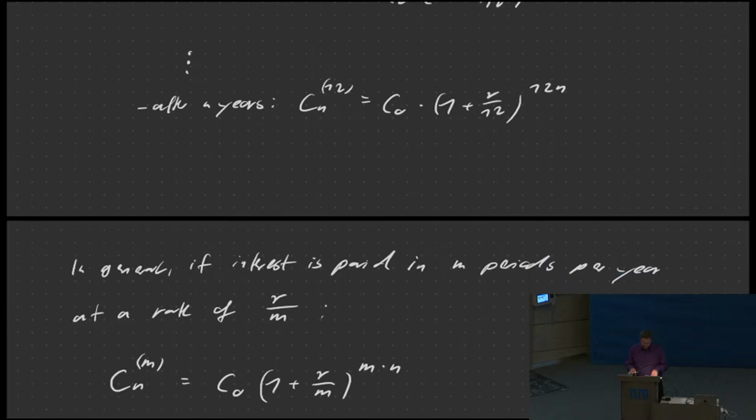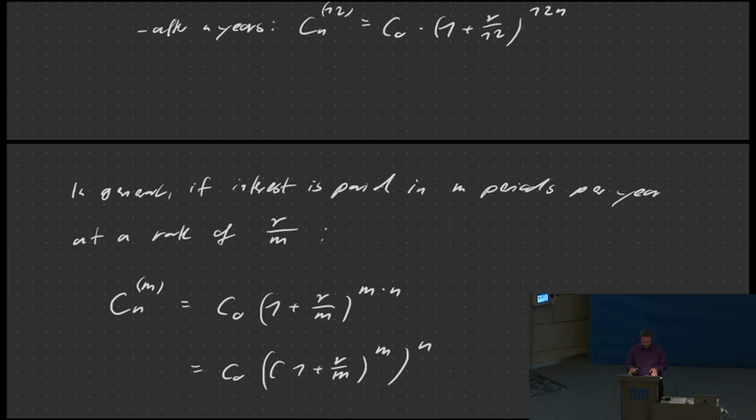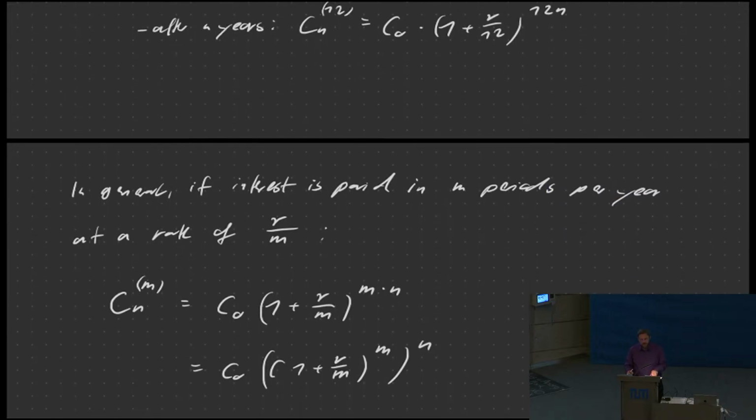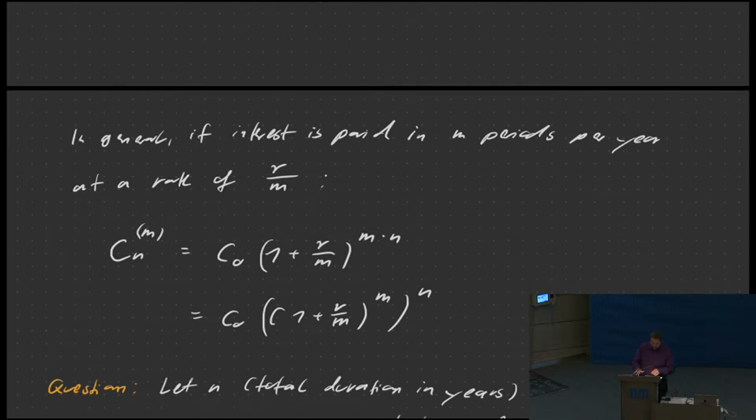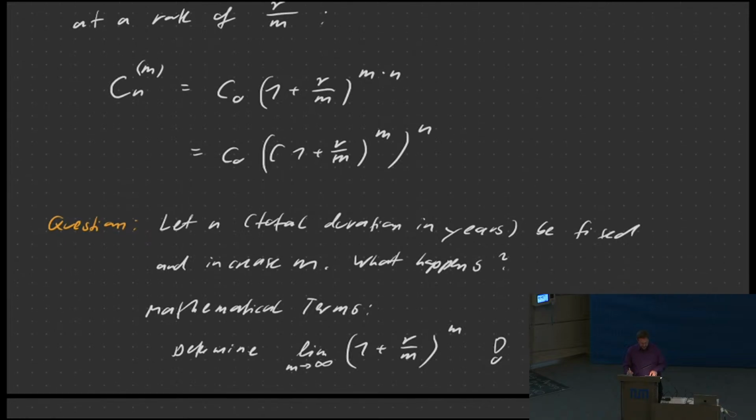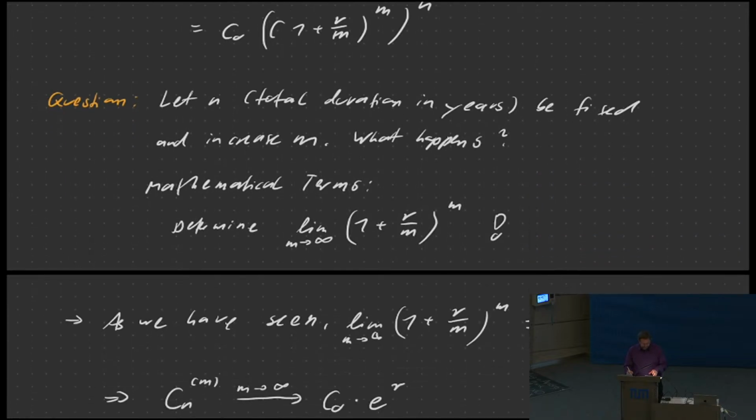Another question you could ask is, well, what if I make this smaller and smaller? What if I change to weekly or daily or hourly or per second? Make it as small as you want. Basically what this leads to is the question of what is the limit of this, as this m goes to infinity. So m here is the number of periods per year that you have.